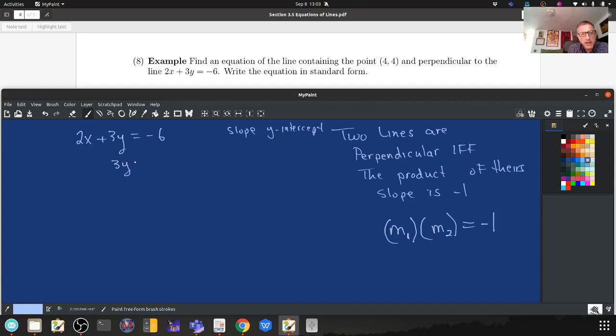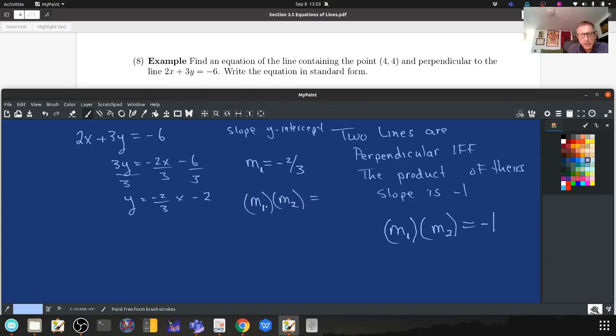So I'm going to move my 2x term over and scoop my minus 6 over. Divide everything by 3. And I get y is equal to minus 2/3 x minus 2. So my slope m is equal to minus 2/3.